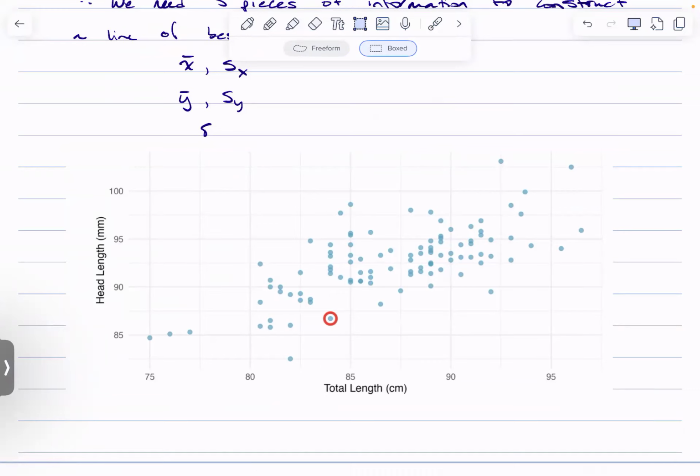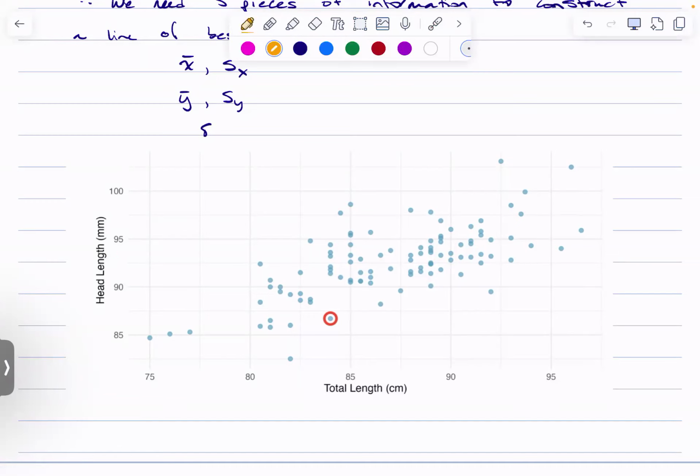Now, in this scenario, it's really hard to determine which should be your y value and which should be your x value. Do you want to predict the head length, or the total length? In this case, they're telling us we are going to be predicting the head length, because it's on the y-axis.